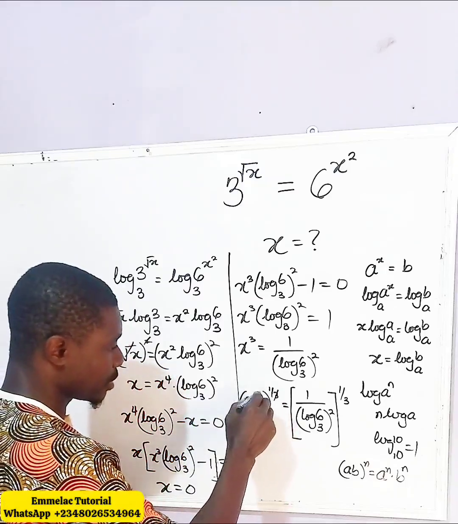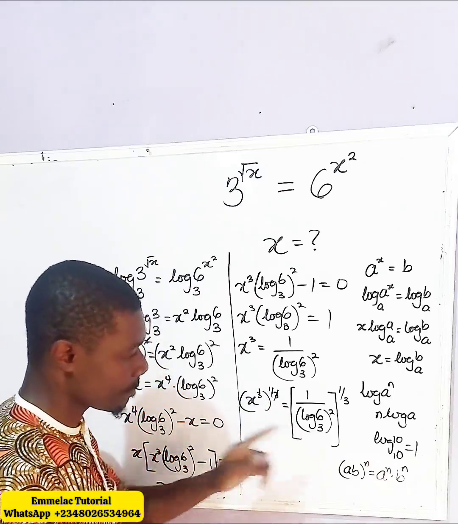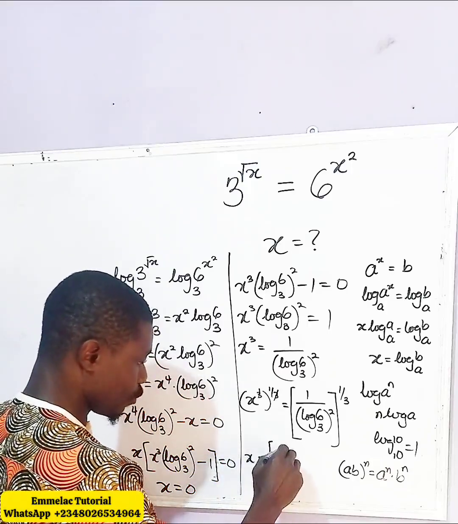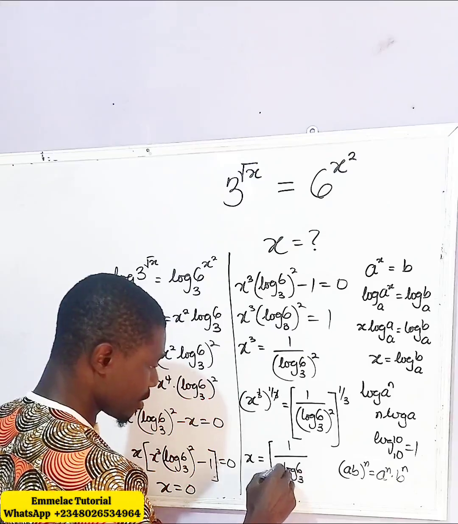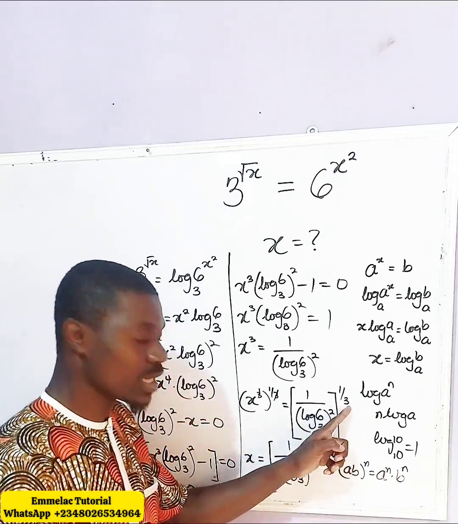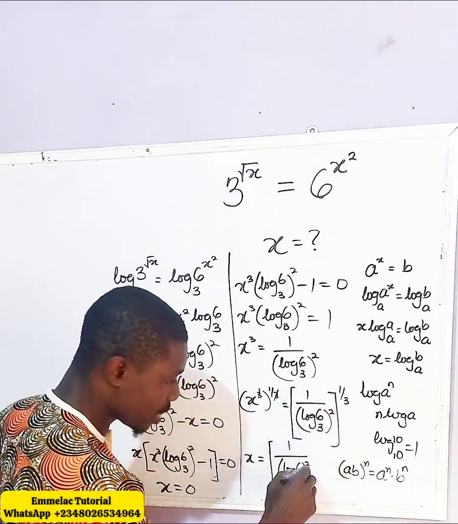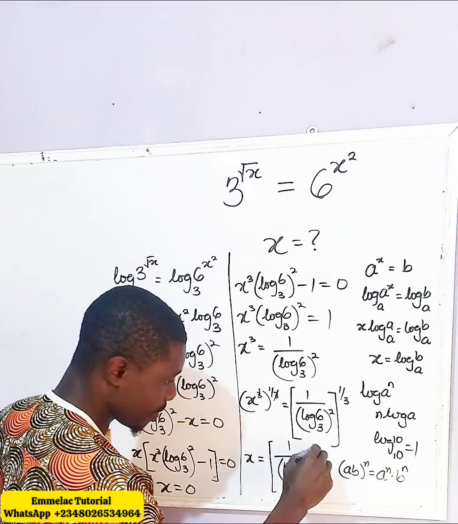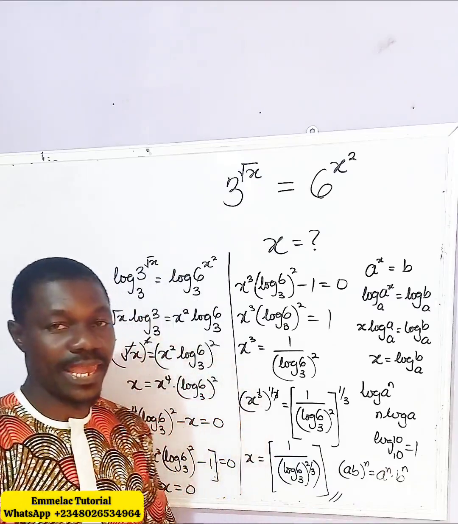The whole of this undoes the 3, so we are left with x equals, which will be the final answer, 1 all over log 6 base 3 all raised to the power of 2. Now since we can distribute 1 over 3 to both the numerator and the denominator, when we distribute it here we just multiply by 3. Yeah, there's the final answer.